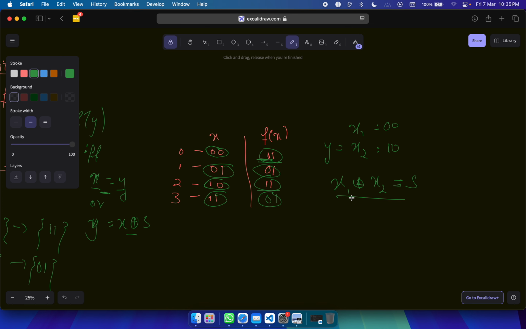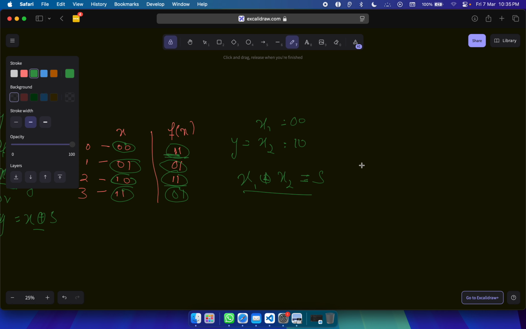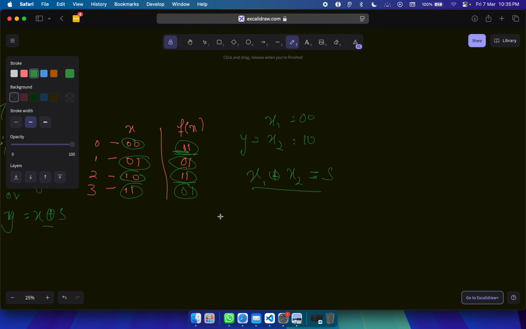Now this is one way how you could get the string s, but there are other ways as well when we do it quantum mechanically, and I'm going to show you that later on. But x1 XORed with x2 gives you s, and this secret string s has to be only one in this whole function.